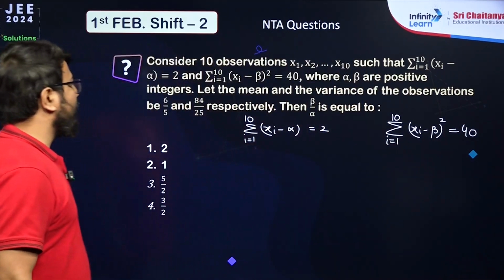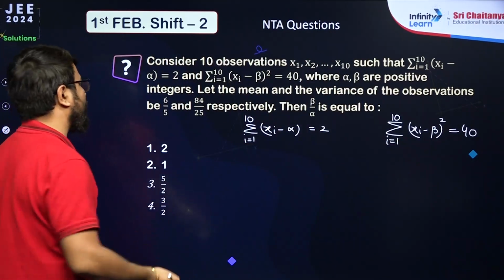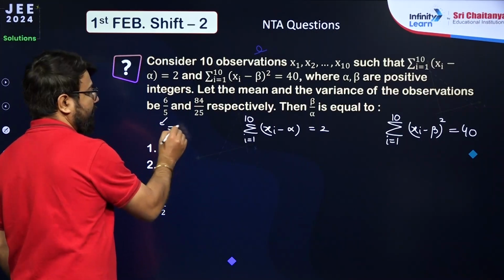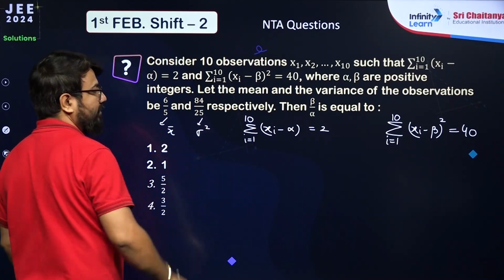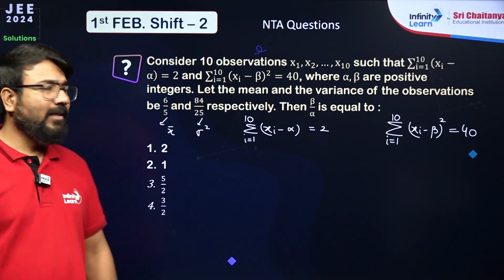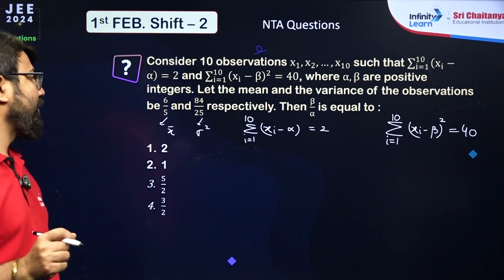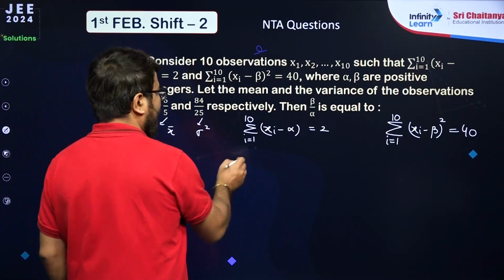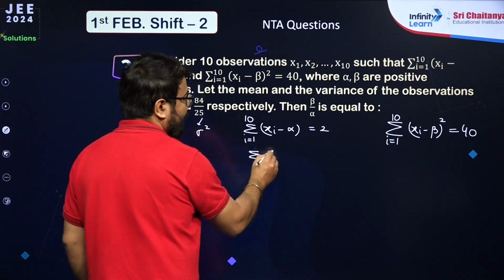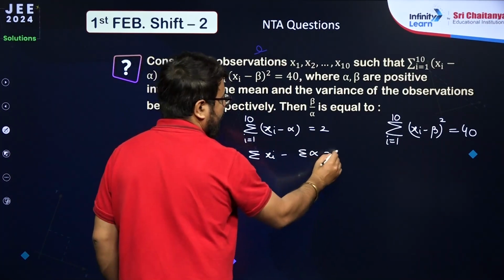Where alpha and beta are positive integers, let the mean and the variance of the observations be x bar and sigma square. We want to get the ratio of beta to alpha. How to get that? Basically from here, can I separate out? So this is sigma xi and this is sigma alpha, and that is 2.